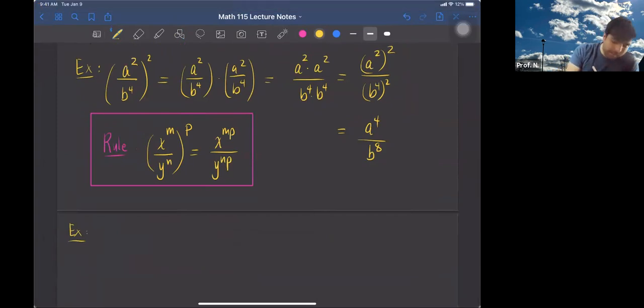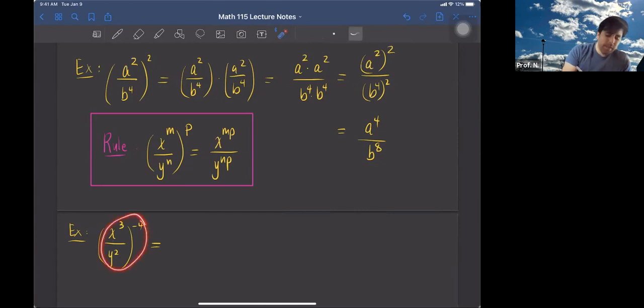Alrighty, and now I'm going to have something else similar to this, but now I'm raising this to the negative 4th power. Now, if you notice, this is very much the same thing as this rule, isn't it? I got x, 3rd power. I got y, 2nd power.